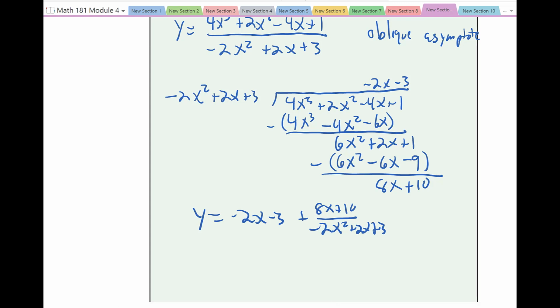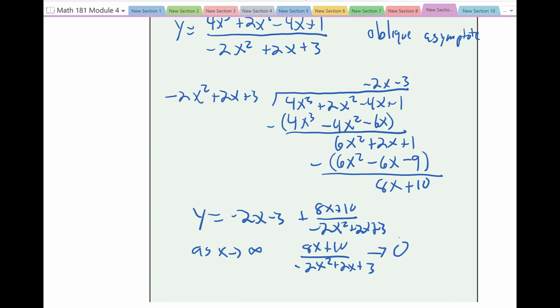So as x gets big, goes to infinity, this 8x plus 10 over negative 2x squared plus 2x plus 3 is going to 0, because you have infinity over infinity, but the denominator gets bigger much quicker than the numerator.